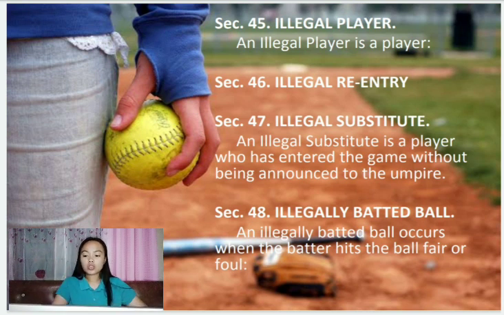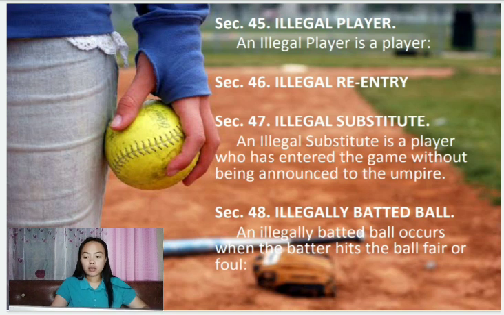Next is section 46, the illegal re-entry. Ang illegal re-entry occurs when a starting player returns to the game a second time after twice being substituted. So, illegal yun siya.